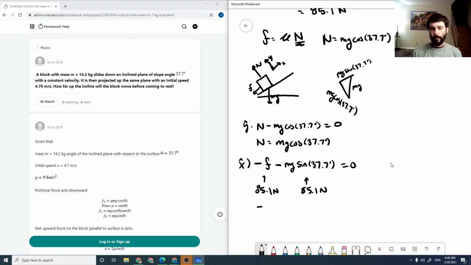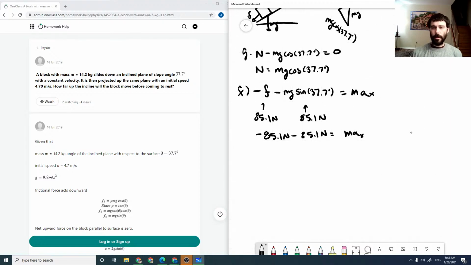So then together, what did I get, 170? Oh, whoops. So they don't equal 0 this time, sorry. They equal our acceleration. So they equal max.